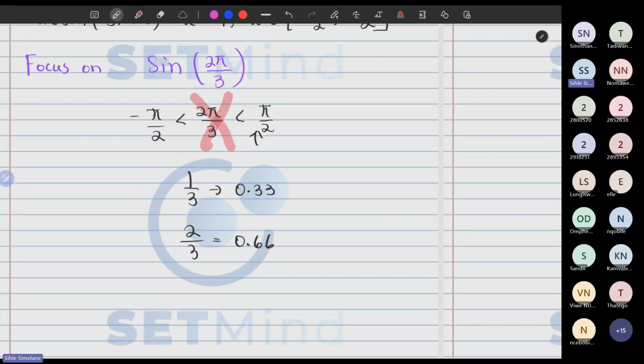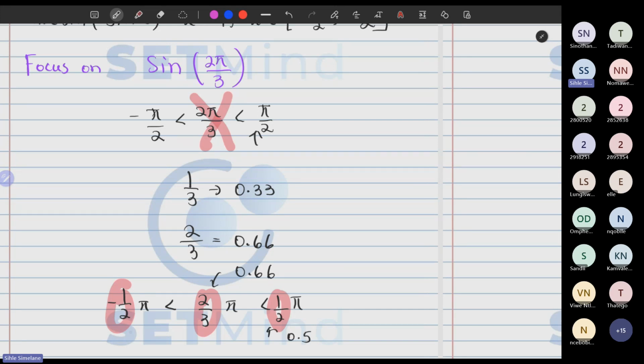Look at it this way: we have a half multiplying pi, 2 over 3 multiplying pi, and a half multiplying pi. We only need to focus on these numbers because the pi's are there. That number is 0.66, that one is 0.5, and that one is negative 0.5. So this is not true.